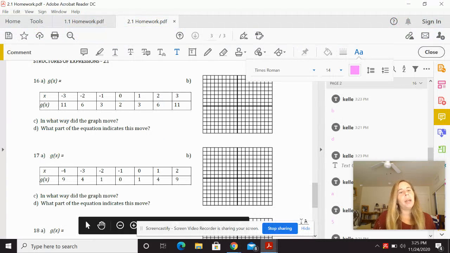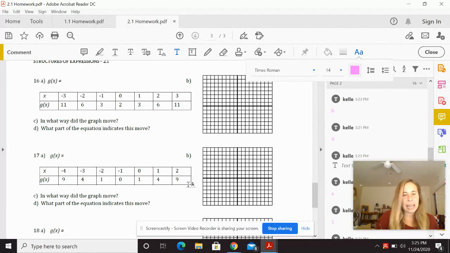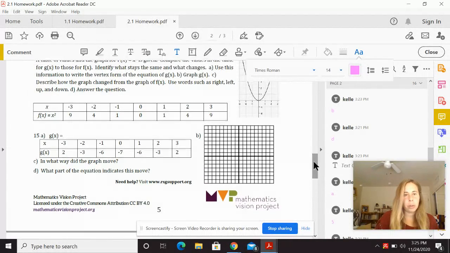So, pull back up. So you're comparing the tables. So my y values are actually the same. 9, 4, 1, 0, 1, 4, 9. Scroll all the way up. 9, 4, 1, 0, 1, 4, 9. Okay, so my y values are the same. What changes are my x values. I start at -3 and I go up by 1.